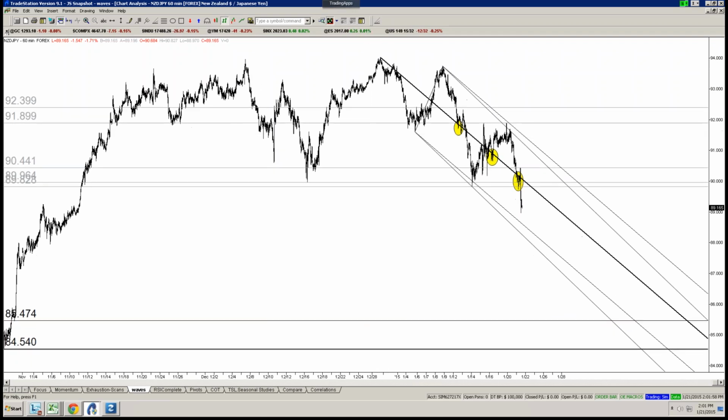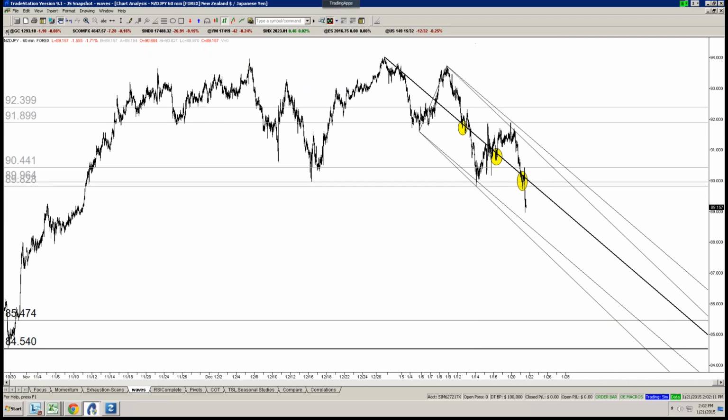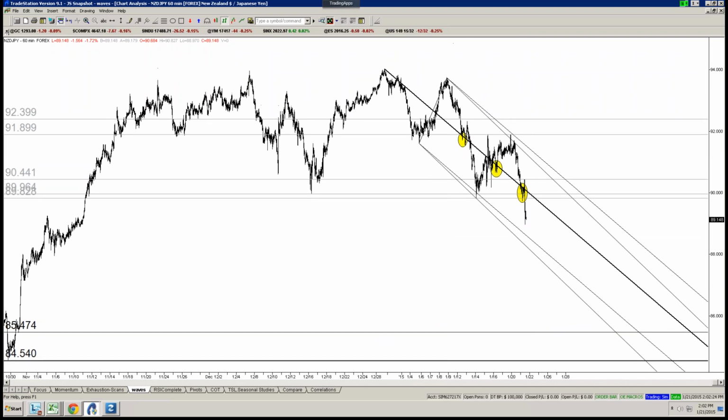So the fact that we had what looked to be a very well-defined continuation head and shoulders pattern on the upside in Kiwi yen, and that it totally fell apart this week, tells me it's a strong signal in the opposite direction, okay? And that's why we'll be looking tonight to get a poke into, say, 89.80 to 89 for, I'd say, a short against 90.50 for continuation on the downside.